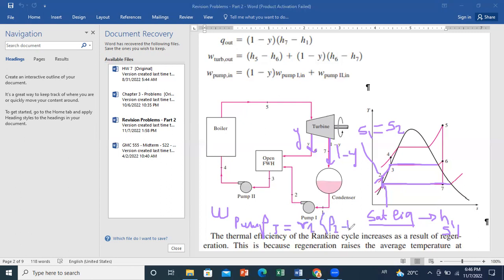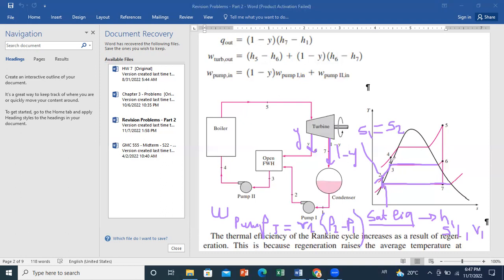So from the thermodynamic tables at state 1, you will get H1, S1, and the specific volume V1. The specific volume V1 will allow you to calculate the work input at pump 1. So we can characterize point 1 and point 2 in this way.